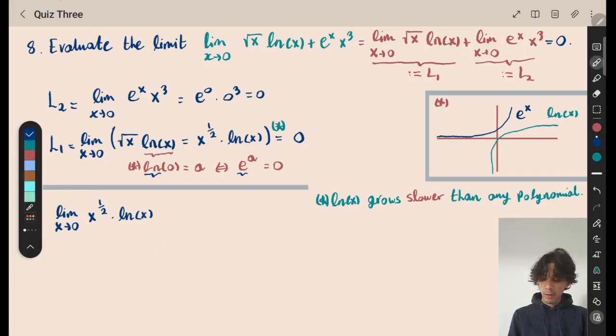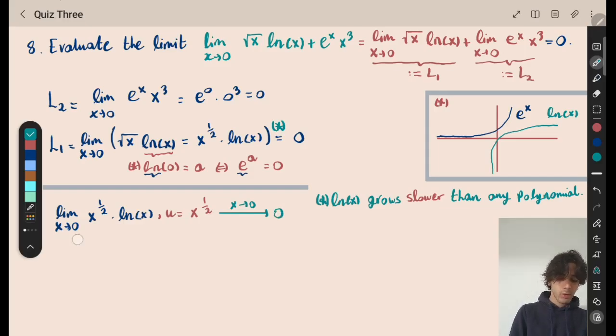I'll say maybe u is equal to x to the half. So notice that if x is going to 0, then x to the half is also going to 0.